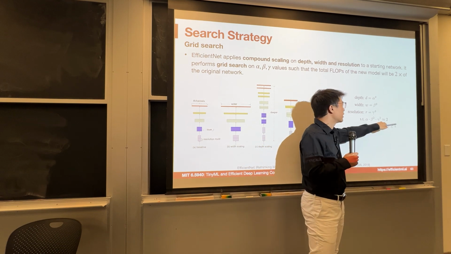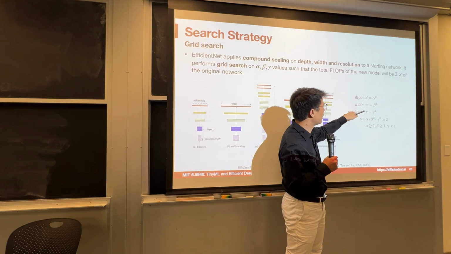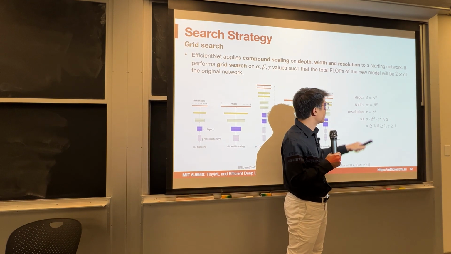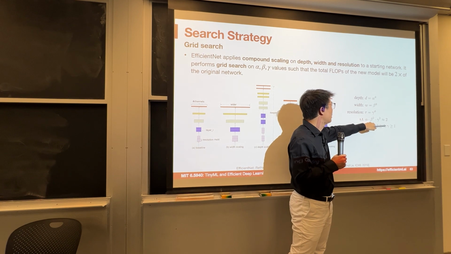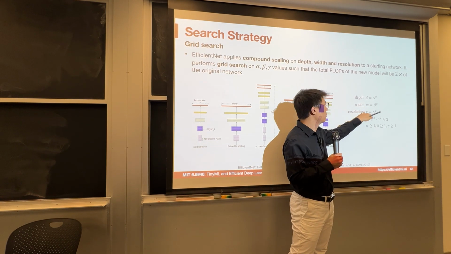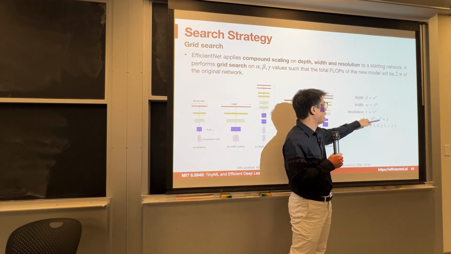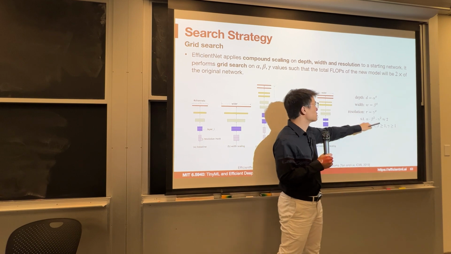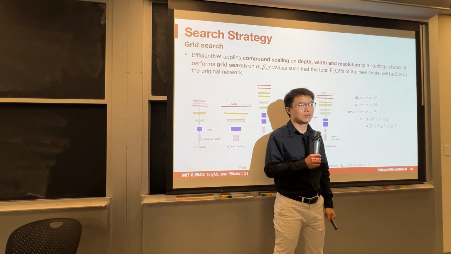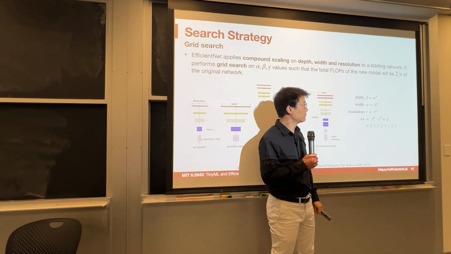So here, if you want to enlarge the model by 2x, we want to enlarge the depth, width, and also the resolution. Remember, the total compute is linear to the depth, and to the power of 2 for the width and resolution. Remember, we had that earlier in this lecture. And after the enlargement is equal to roughly 2x, we can search this alpha, beta, and gamma to find the optimal one that gives the best accuracy-latency trade-off.